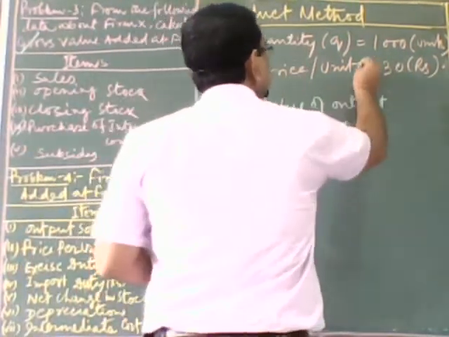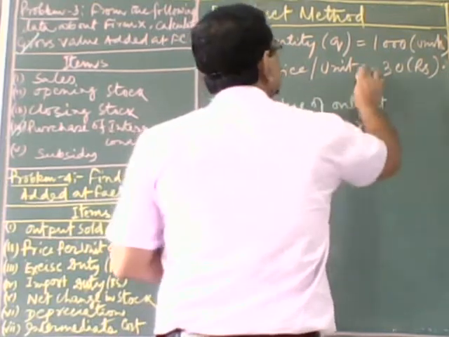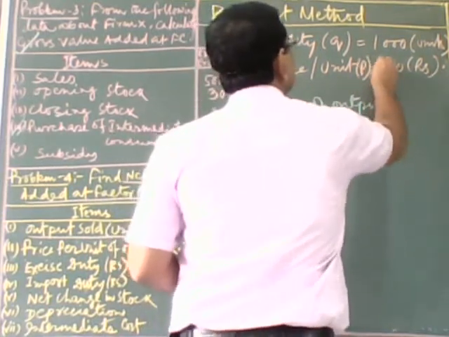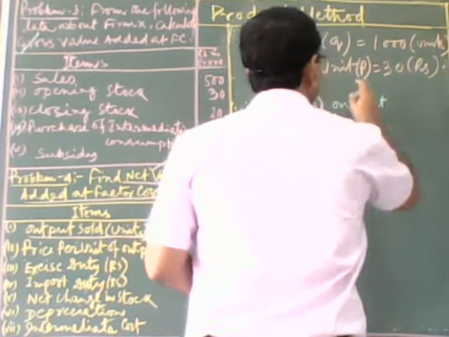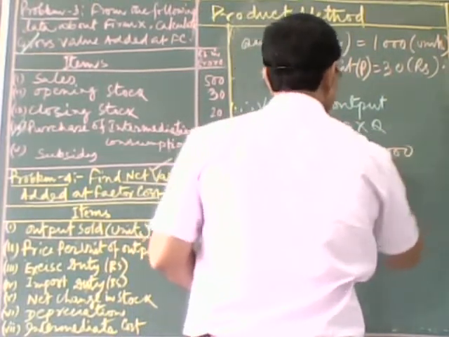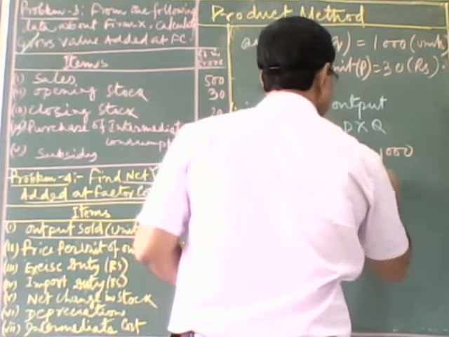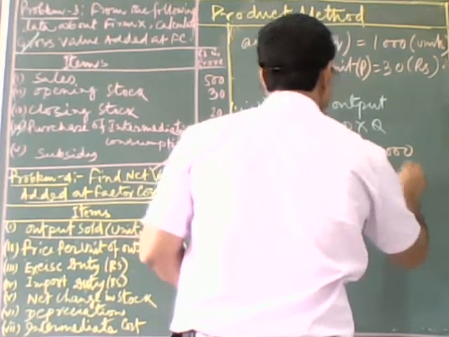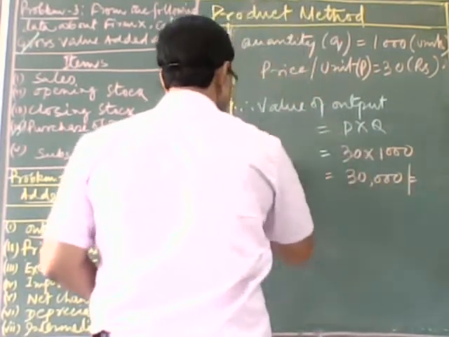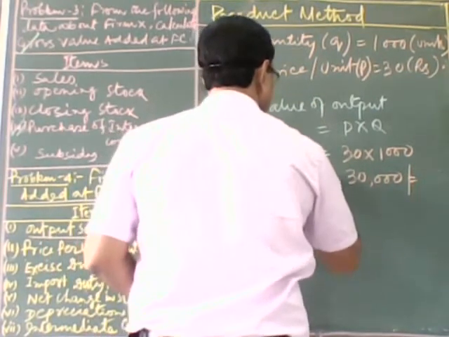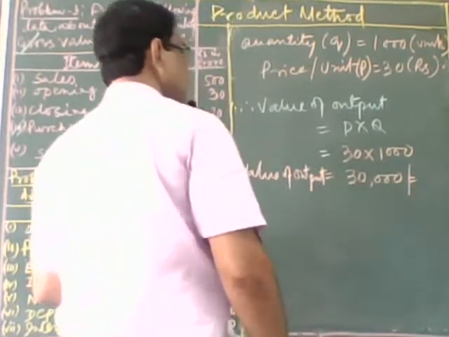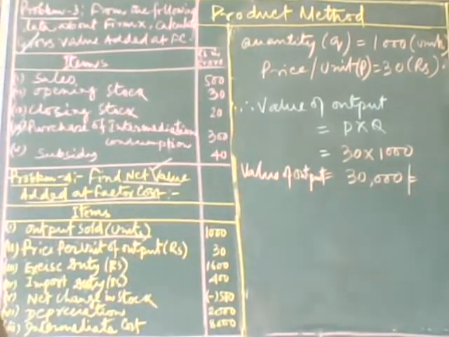Value of P is 30 into value of Q is 1000. Is equal to what? 30,000. The value of output is equal to 30,000.